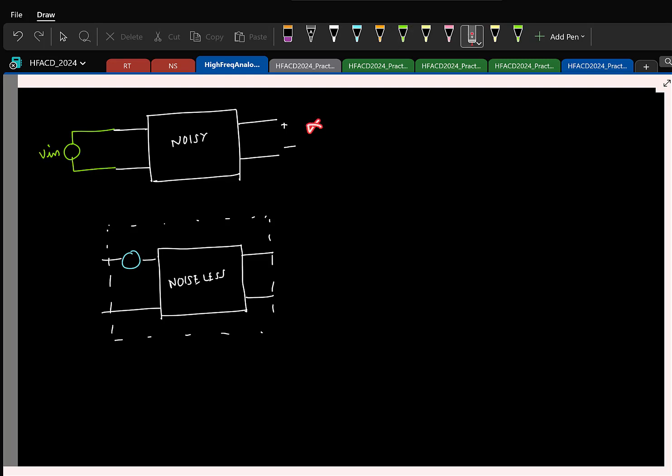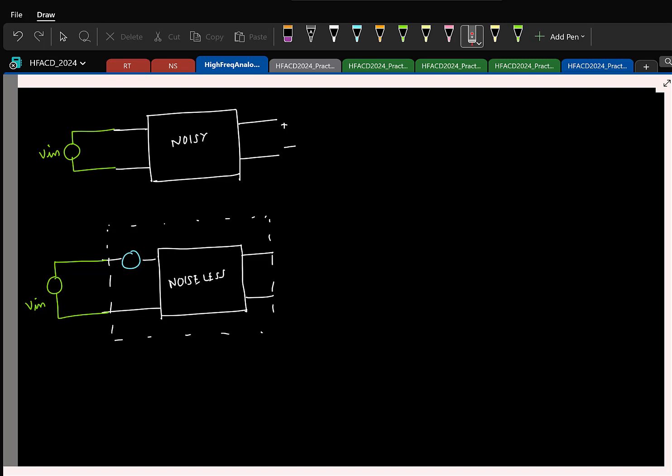Here I know that at the output I'll have some contribution both due to this input and all the noise sources generated here. Now again, if I apply the same input here, the input will of course give rise to the same output. The effective noise is modeled by an equivalent voltage source at the input. So now you can see, right, if I take two networks, I can clearly see what effective noise I should add to the input to mimic the same output.